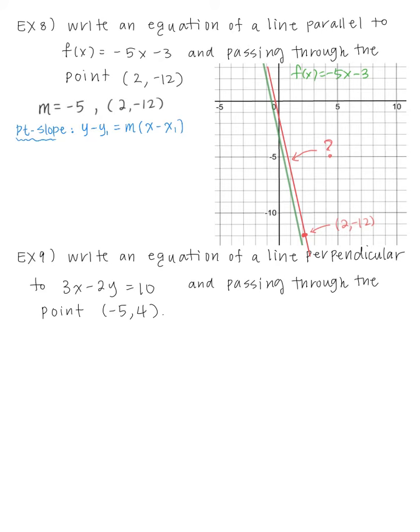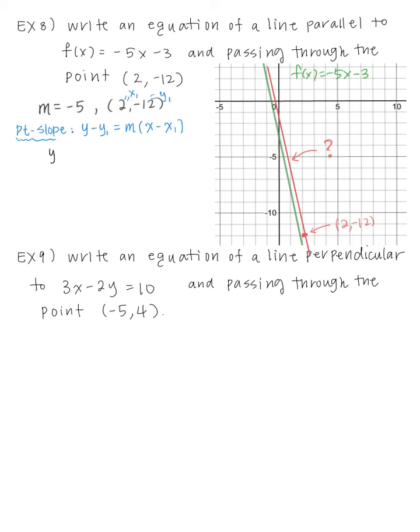Now we already determined our m. Now who's going to play the role of x1 and y1? What do you think? Yes, your x1 is going to be 2, and then y1 is going to be negative 12. All right, so now let's plug and chug and see what we're going to get.